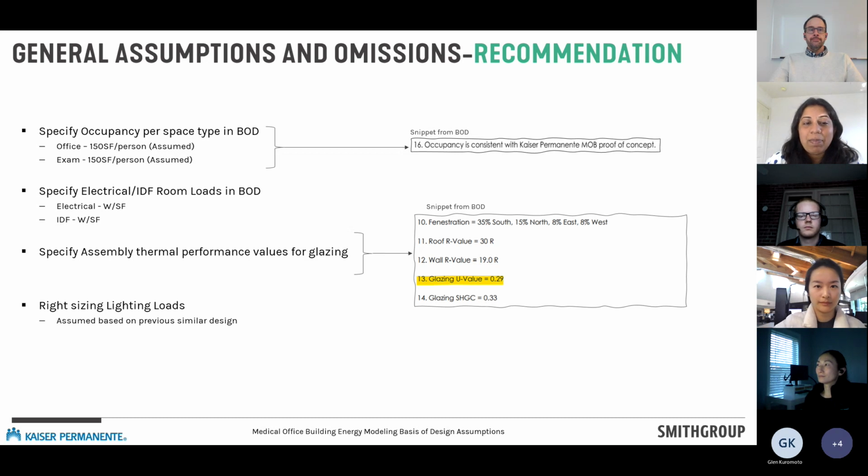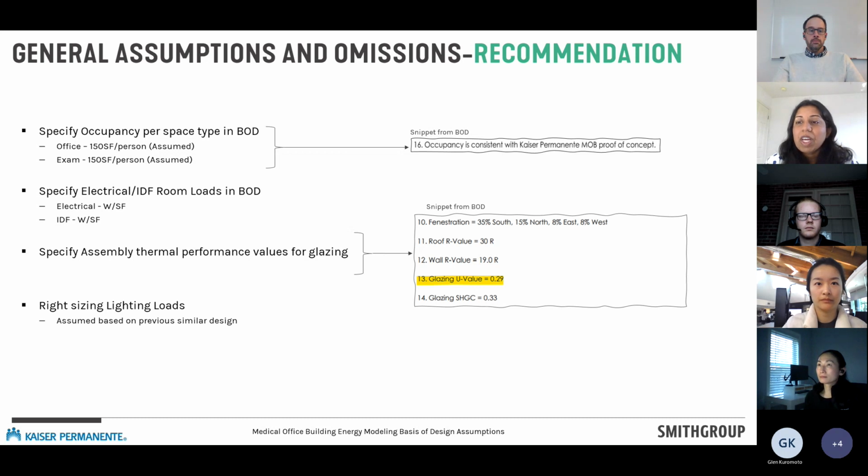This is a snippet you see from the BOD. Occupancy is consistent with Kaiser MOB proof of concept. This was the only thing in the BOD in terms of occupancy. So we would recommend specifying occupancy for different space types in the BOD, especially hospital type spaces like exam rooms, pharmacy, or nurse station.